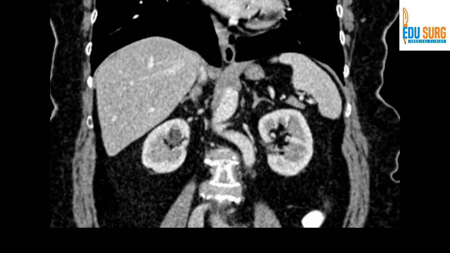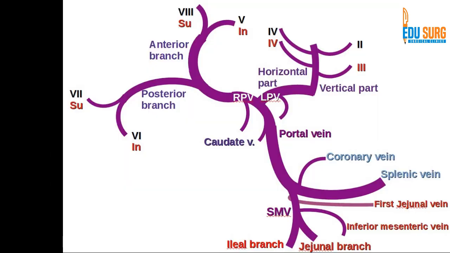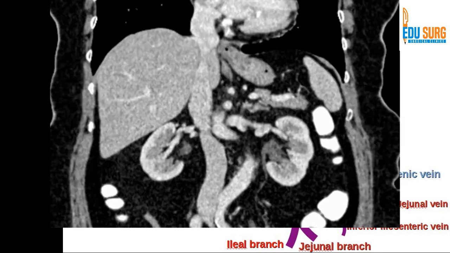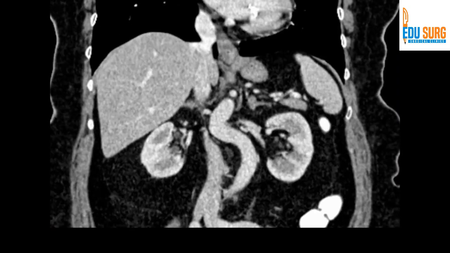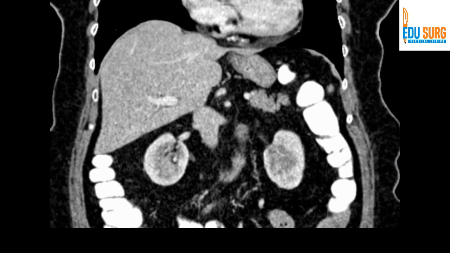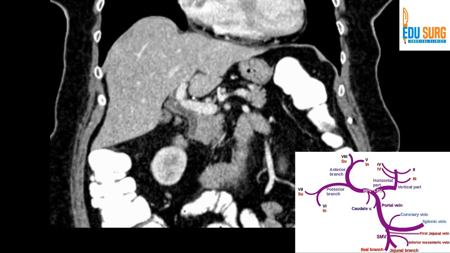So spleen, and what we have to identify now is the splenic vein. So as we move our console, as this is the portal phase, the structure which will be very white or enhancing in color will be the splenic vein, right?